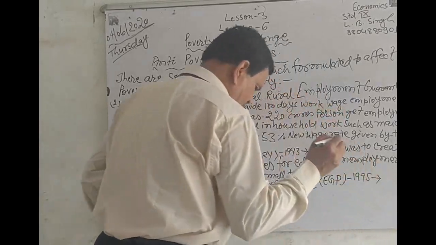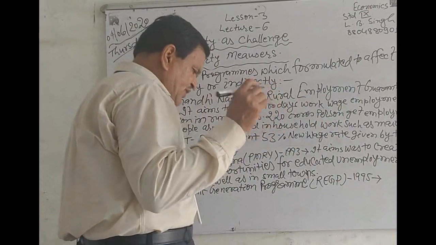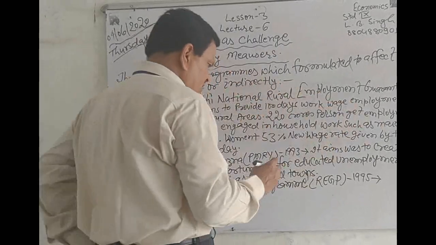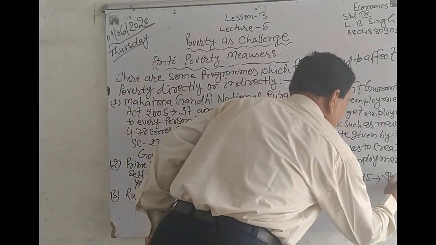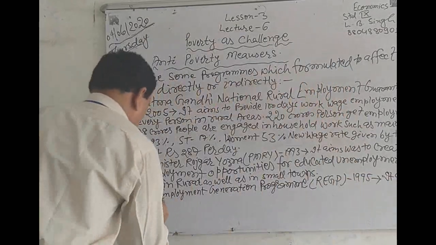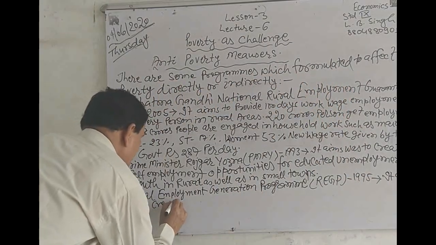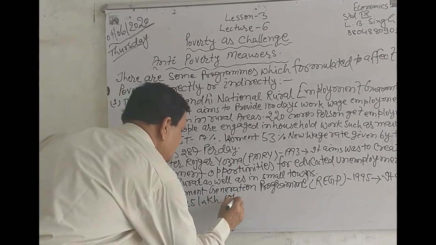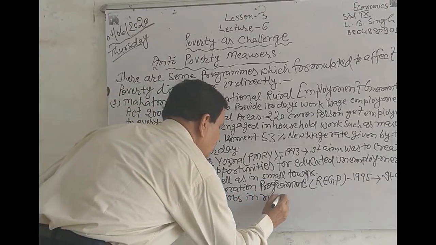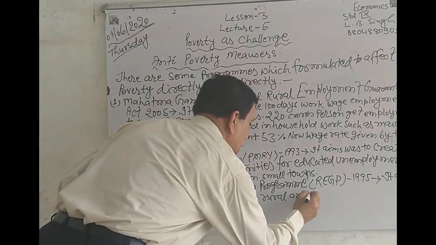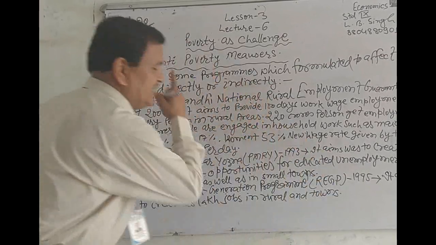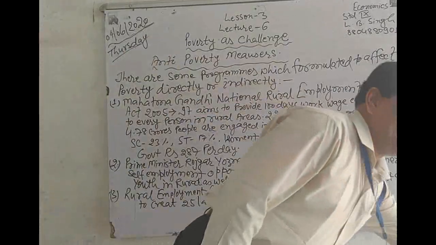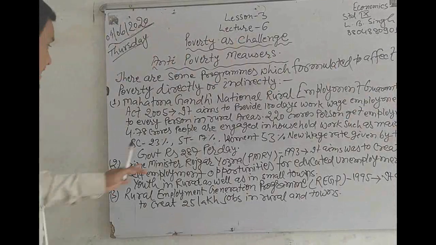Through this, the government aims to create 25 lakh jobs in rural and town areas. With the help of this program, the government is trying to remove the poverty which I have mentioned to you. So you already know this thing.